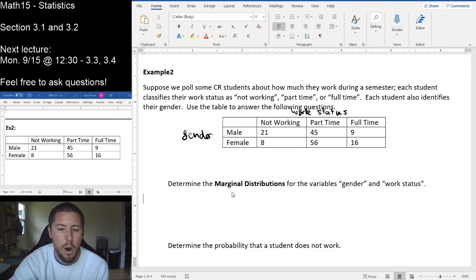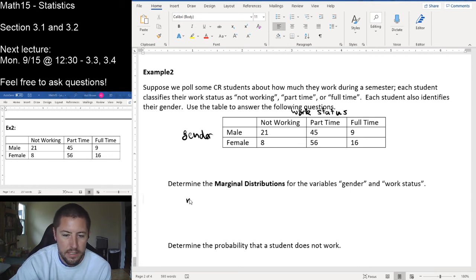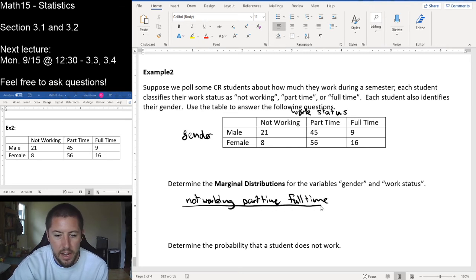If I'm going to look at a marginal distribution for work status, then I could make, in a sense, just a little tiny table here. So not working, part-time, and full-time. And I'm just going to make like a one-directional table right here. And what I want to know is, what is the number of people that fall into each of these three categories?